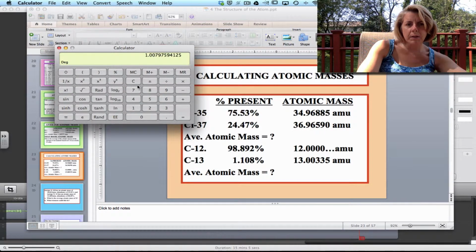Okay, so I'm going to clear this out. I'm going to use parentheses around each equation here.